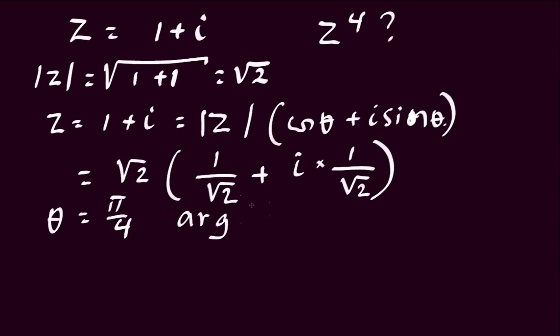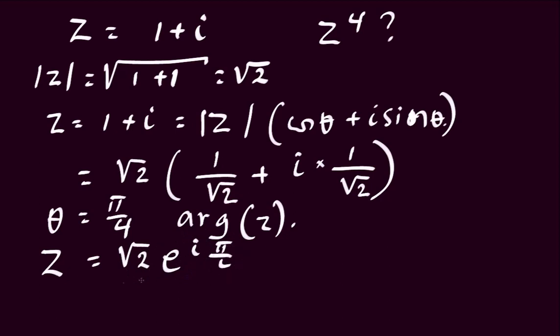And we are going to use this interesting result to express z in an exponential manner. So we can say z is equal to the modulus, which is square root of 2, times e to the power of i pi over 4. That is the value of this complex number.